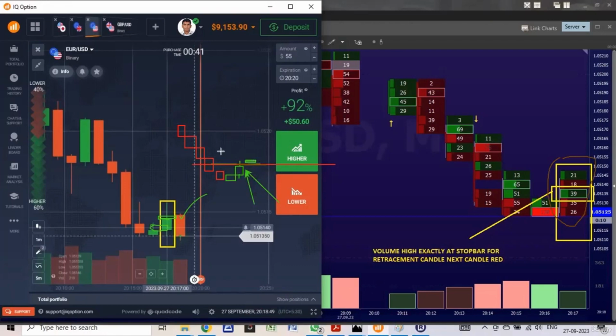So if the total market pressure is very strong, then the market may fall down like this. After rejection, the market falls down like this.